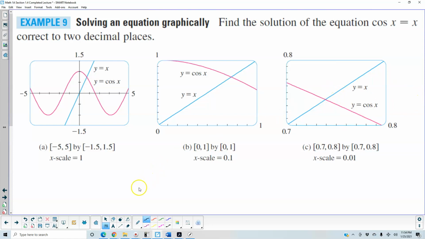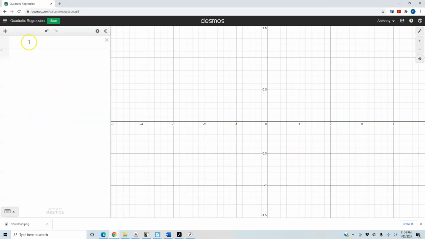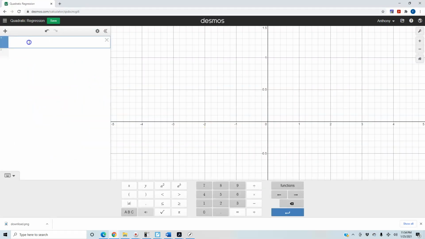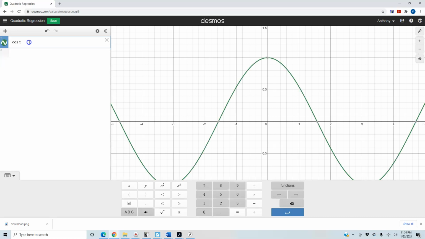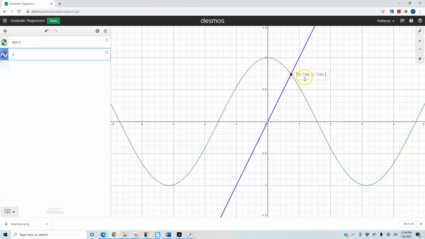In order for us to find out what that solution is going to be, now, if we use Desmos, it's going to automatically give us a clear picture and find out what that intersection is. So the two graphs that we were working with were the cosine of x and y equals x. If you select that point, it automatically gives you the solution. Okay, so we already see that the solution to this equation is 0.74 and 0.74.